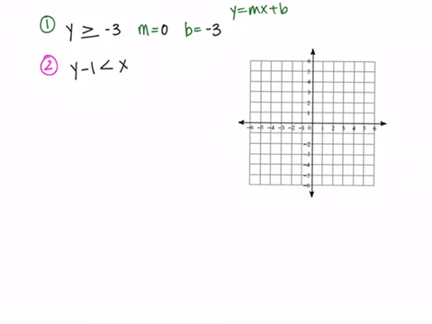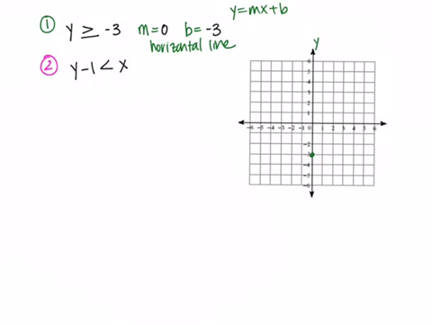And when we look at this here, if our slope is 0, well, before we get there, how about we go ahead and plot our intercept. So our intercept is going to be on our y-axis at -3, so we plot that. But because our slope is 0, that means that we have a flat line. In other words, we have a horizontal line.